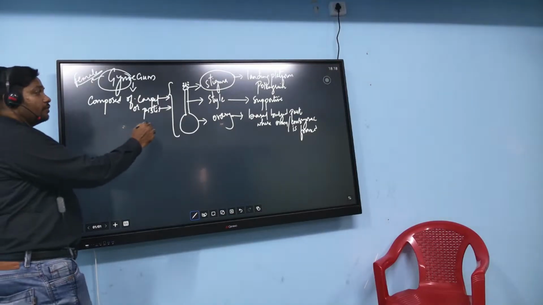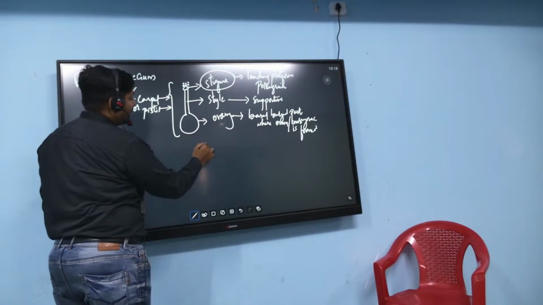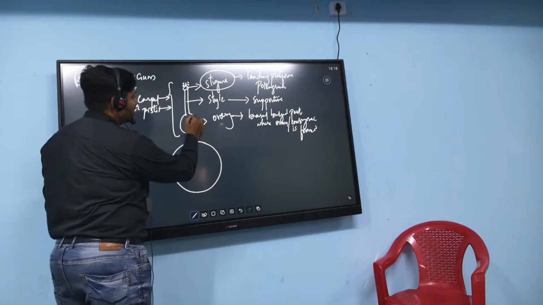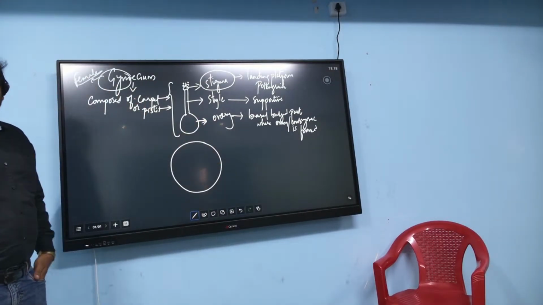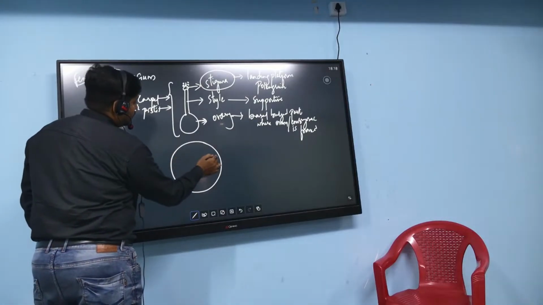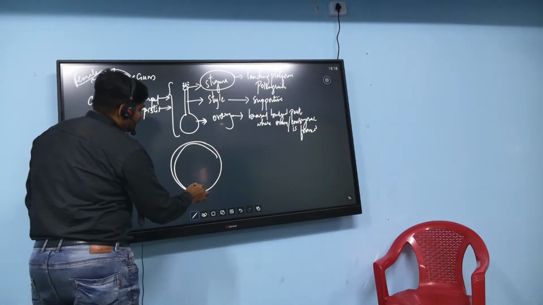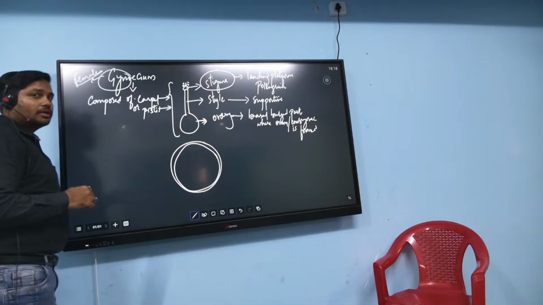Now, if you see inside this ovary, the basal bulge part, we will be able to see first the innermost part.